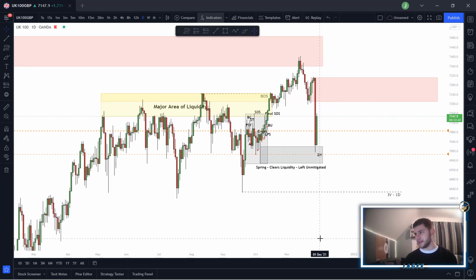Okay, so now we're diving into price as of current. So as I was saying before, this is where price has just traded up and tapped into that supply zone before finding enough supply to then reverse. So the main things I want to point out here, again, another major area of liquidity. The reason why this has so much more importance than our typical areas of liquidity is because from May all the way through until October, we were bouncing off this level.